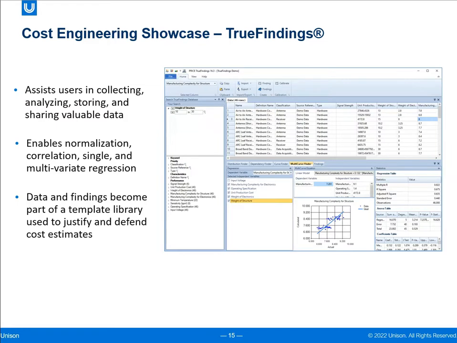With True Findings, users can import and quality cleanse data from Excel and True Planning, normalize and filter data, analyze descriptive statistics such as mean, median, and mode, analyze scatter plots to find relationships and trends, search for the presence of correlation, perform regression analysis, perform multivariate regression, calculate regression statistics to examine an equation's goodness of fit, and run dependent variable values through a regression equation to make predictions.